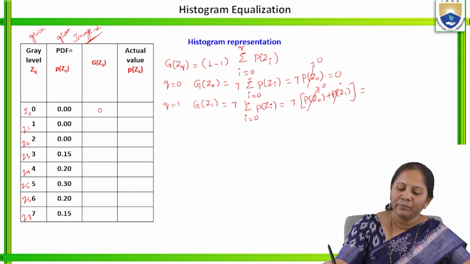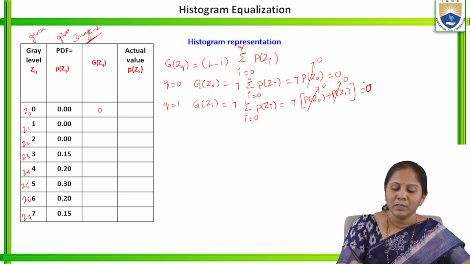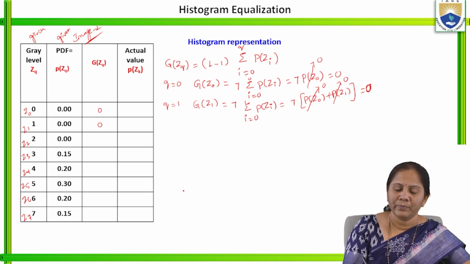Both are zeros. If you multiply that with 7, the result will be 0. So when Q is equal to 1, G of Z1 will be 0.